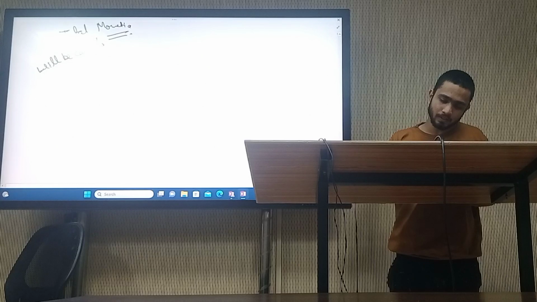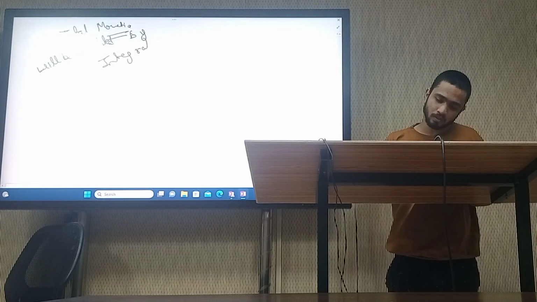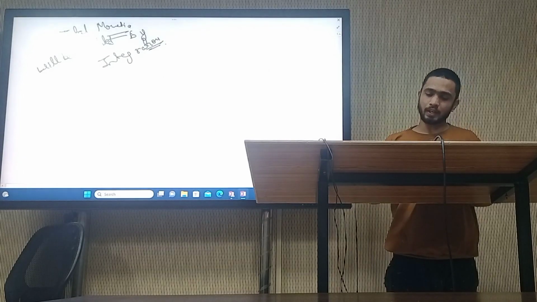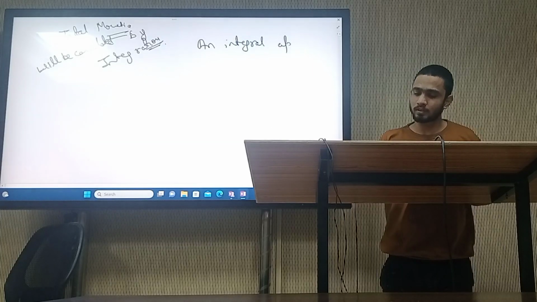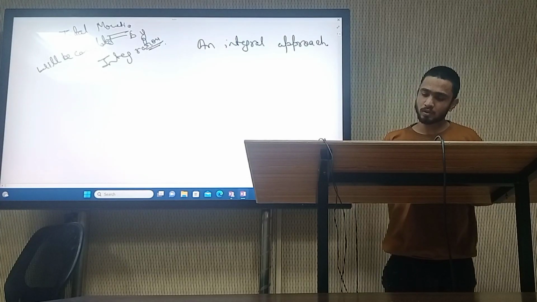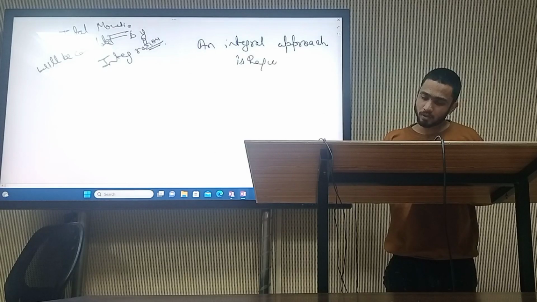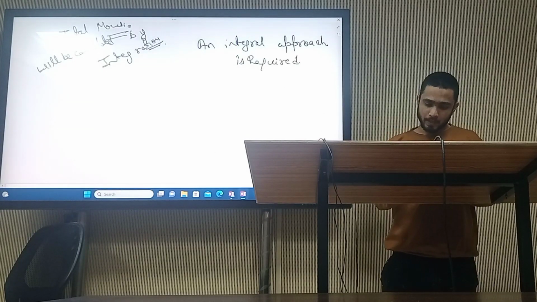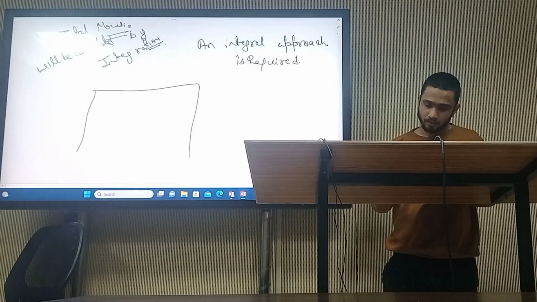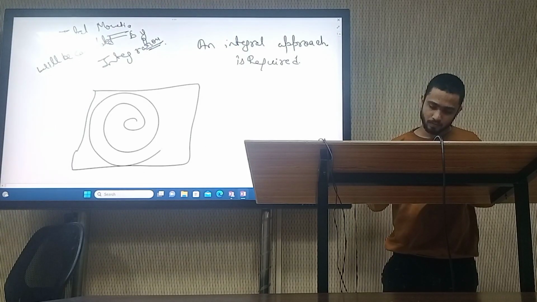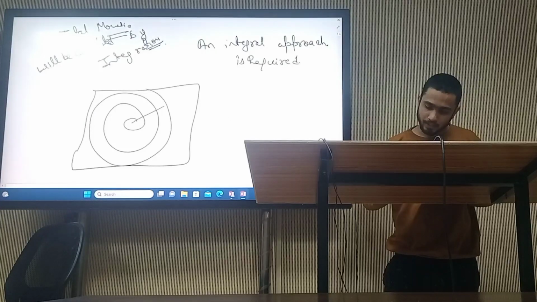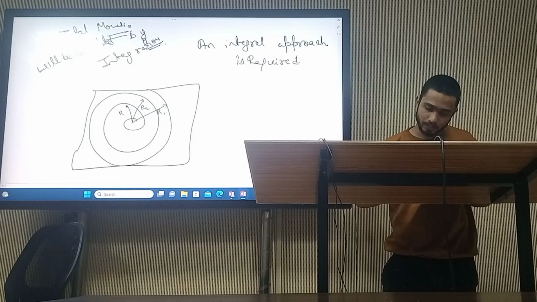The total moment of inertia will be calculated by integration, so an integral approach is required. Let's make the diagram one more time and simplify it.